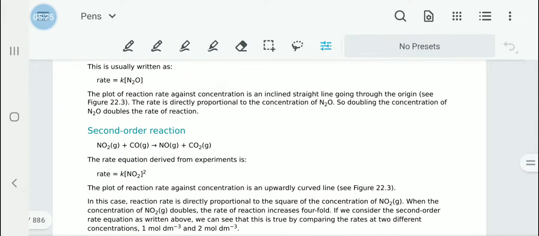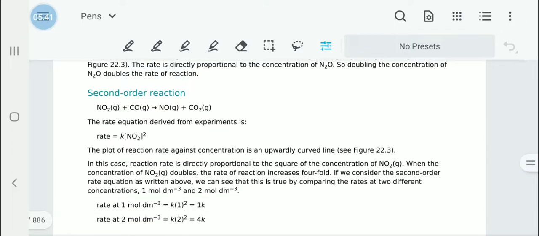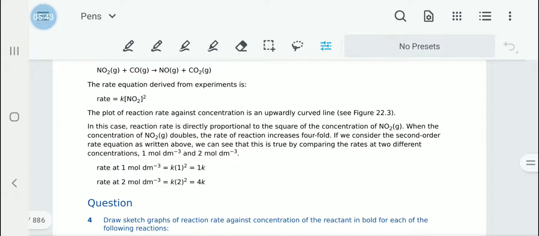Then if you have a second order reaction, for example NO2 plus carbon monoxide giving NO and CO2, the rate equation would be rate equals k[NO2] to the power 2. If you plot the reaction rate against the concentration, it is an upwardly curved line.